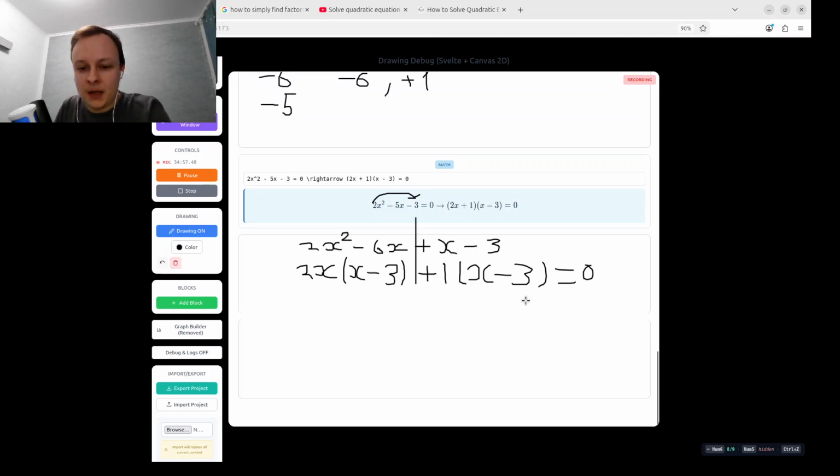As I said in the beginning, if one of these parts becomes 0, then the whole thing becomes 0. Just imagine if we get x plus 3, then this parenthesis will be 0 inside, and we multiply by 1 and get just 0, and only this is left. The same happens here. If we get 0 here, we get just 0.